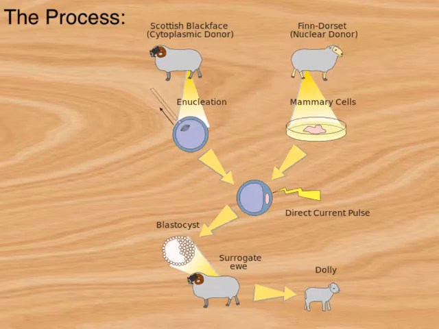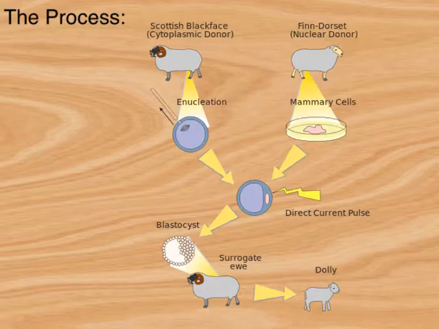Now here's where something important happens. In order to stimulate the chromosomes within these differentiated nuclei, a current was used, and this current stimulated these cells to grow and divide. And once that happened, something miraculous occurred. They didn't just grow into mammary cells, they grew into a developing sheep.